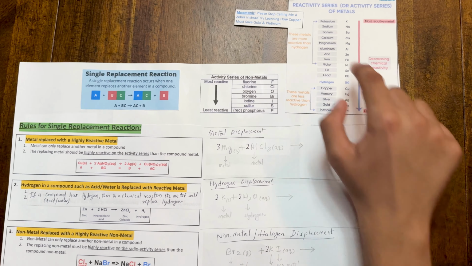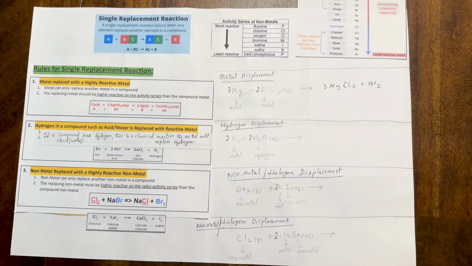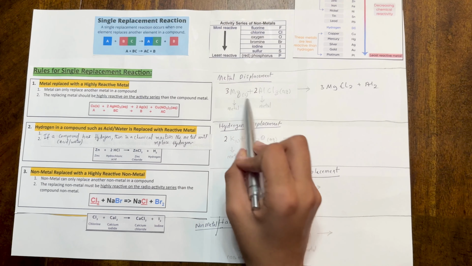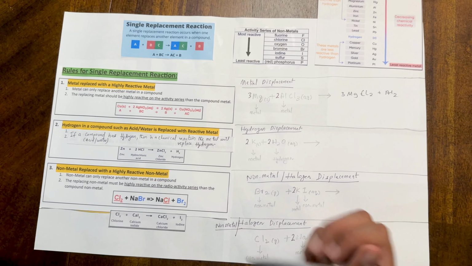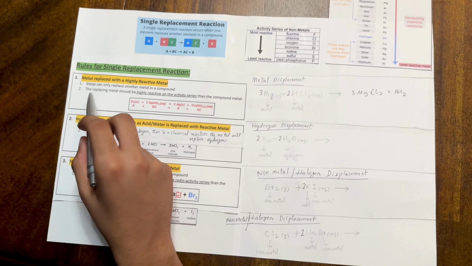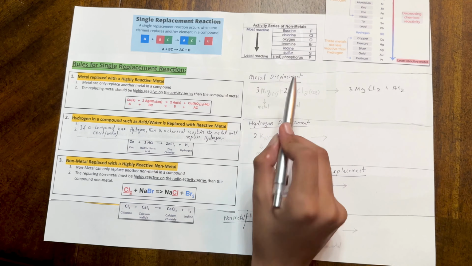Then we get the chemical reaction 3Mg plus 3MgCl2 plus Al2, and it turns from this chemical equation to this chemical equation. You also have to understand that for rule 1, a metal can only replace a metal.